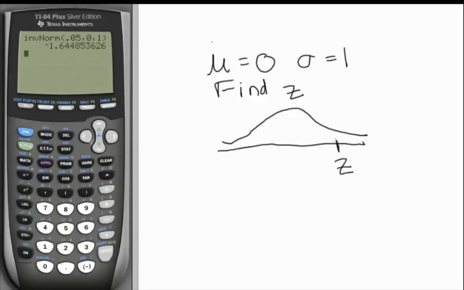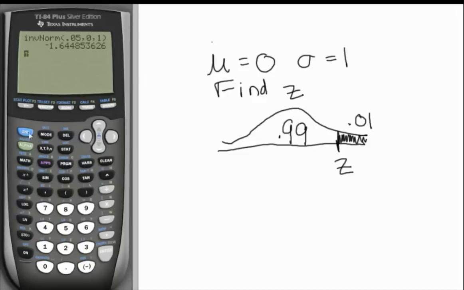So there's our z, and this area is 0.01. Okay, well, we will still use the inverse norm feature, but this time let's observe that our area to the left is actually 0.99, and we will use that number in our calculations.